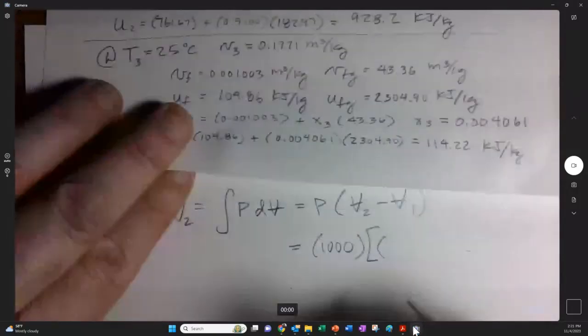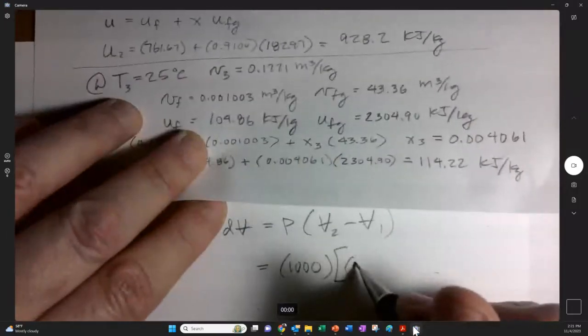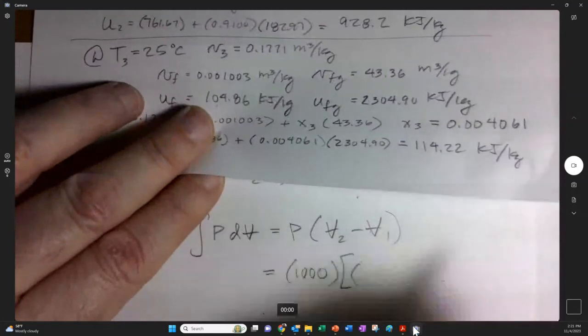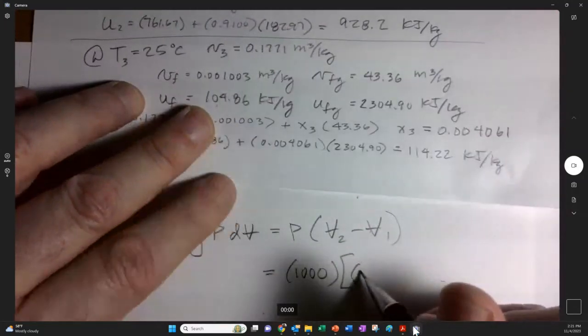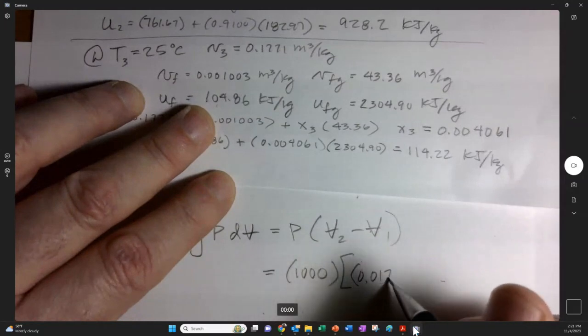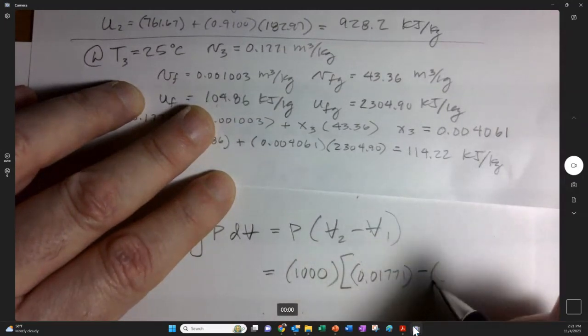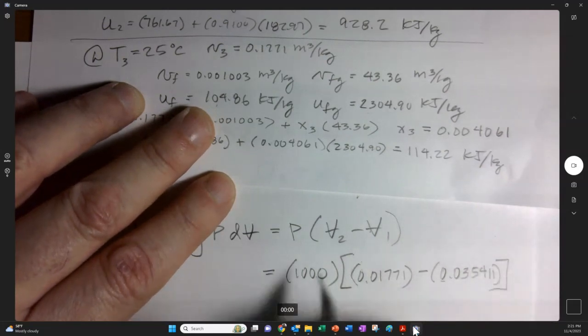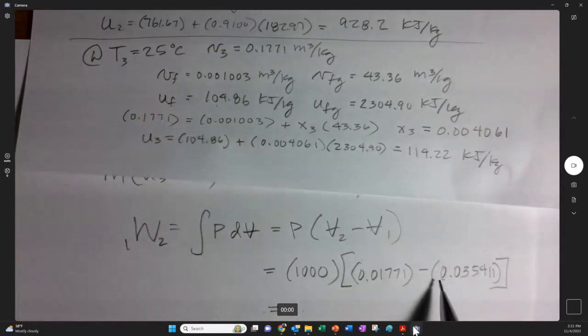But maybe I'll write it out the right way. V2 is going to be 0.01771 minus 0.035411. And you notice it's going to be negative, right?